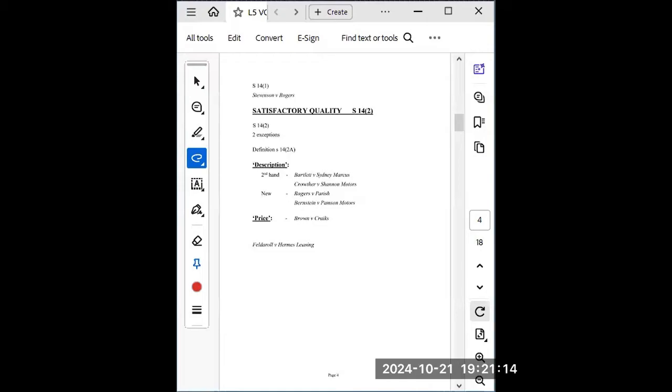Now, whether the goods are satisfactory also depends on price. We looked at the case of Brown against Craigs. This was a contract for cloth. The parties did not specify the type of cloth, but they did agree on a price. When the cloth was delivered, the buyer said the quality of the cloth was unsatisfactory because the buyer, remember, was expecting high fashion material, stuff he was going to make clothes with.